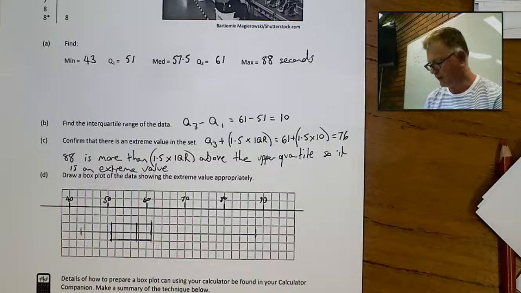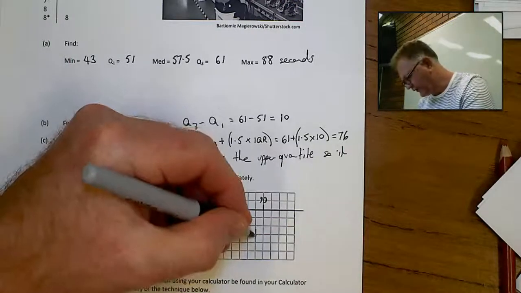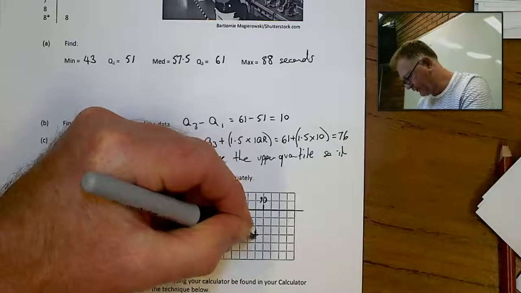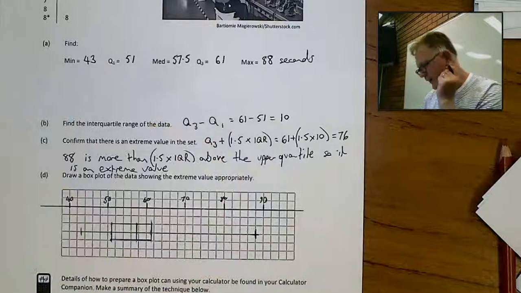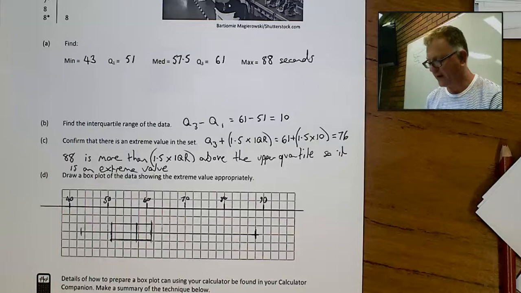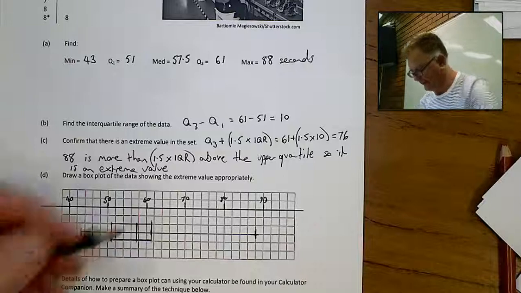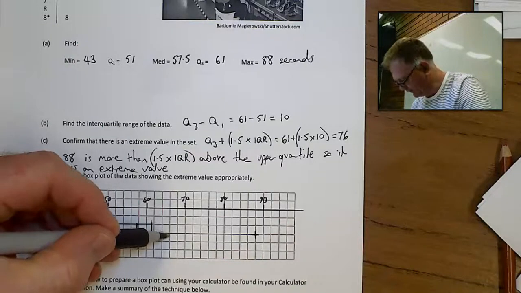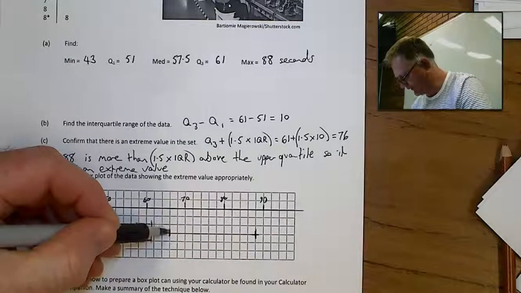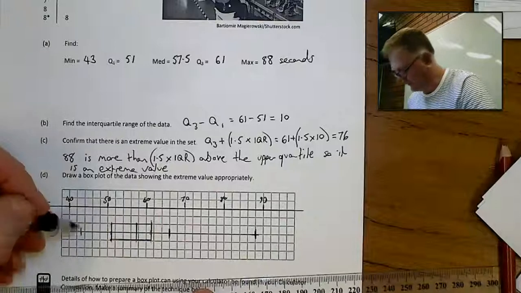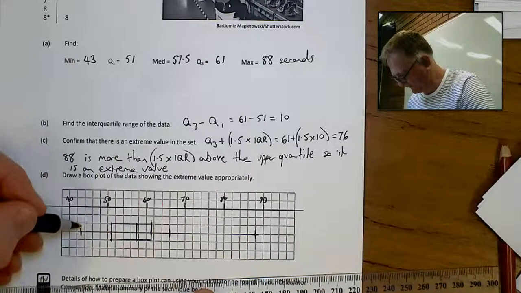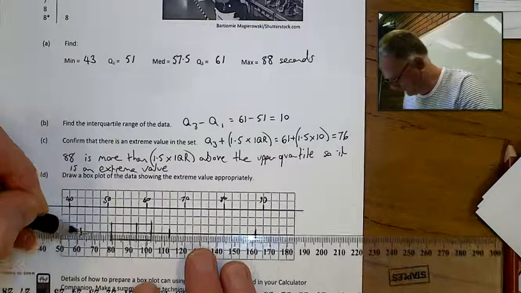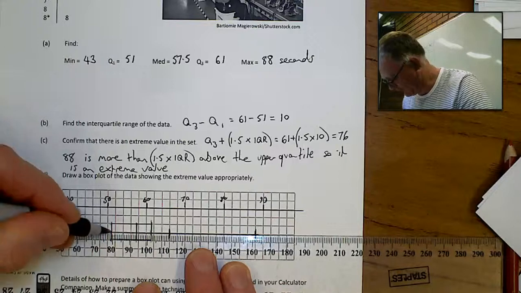So what you usually do in circumstances like this is you put a cross just to indicate your extreme value. So I'm going to put a cross there, and now the next piece of data becomes my maximum. Now the next piece of data, looking back to my original figures, was 66. So that would be just here. So you can clearly see that that one figure is an extreme value. So there's one worker there that is very slow.